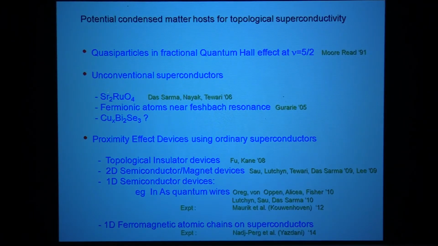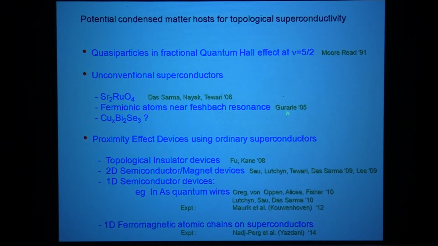Okay, so there are various proposals for how one might be able to find unconventional superconductors that have topological superconductivity, and this is something which I think we don't have definitive examples of. So another idea, though, is what if we just use an ordinary superconductor, but we combine it with some other kind of material that has some topological properties?